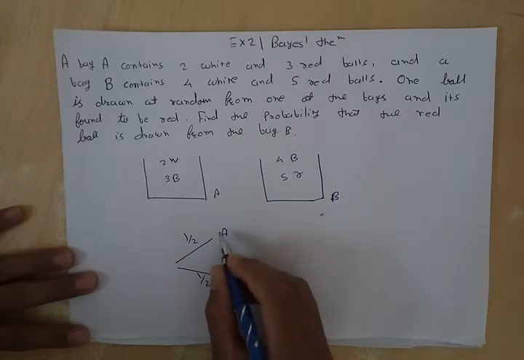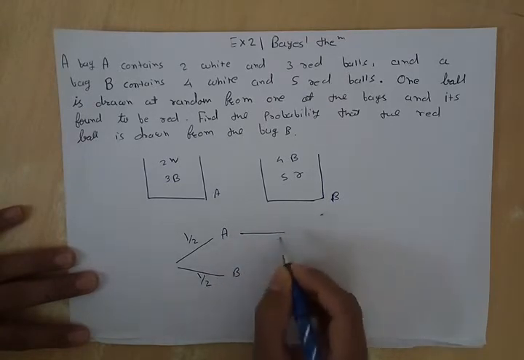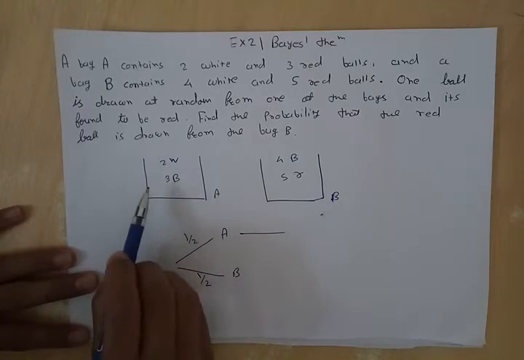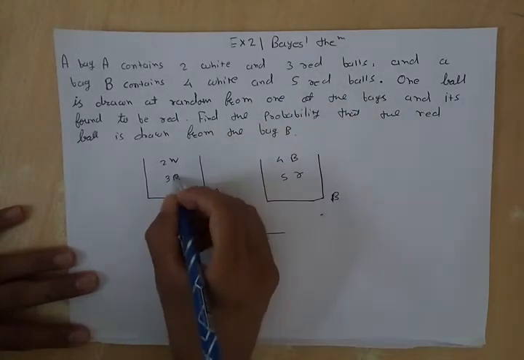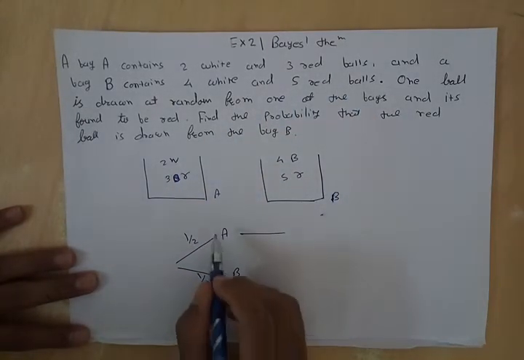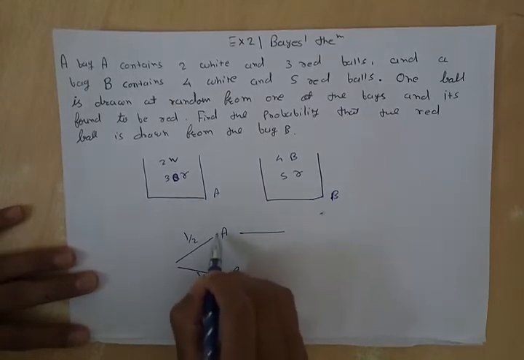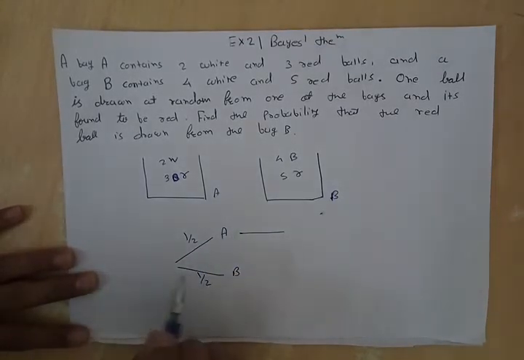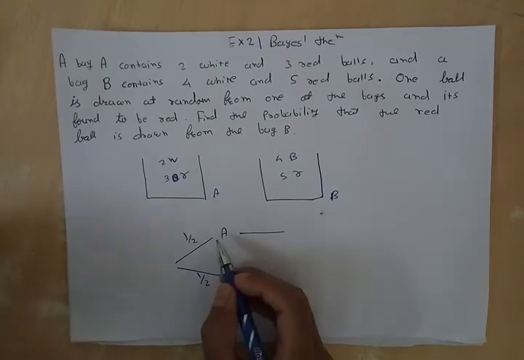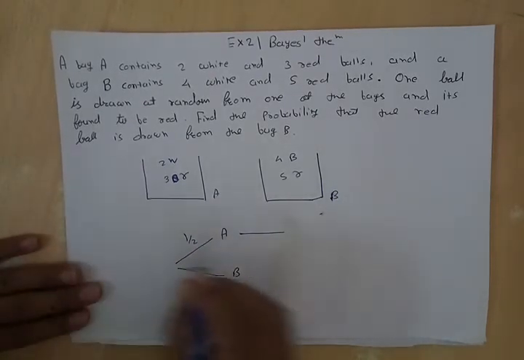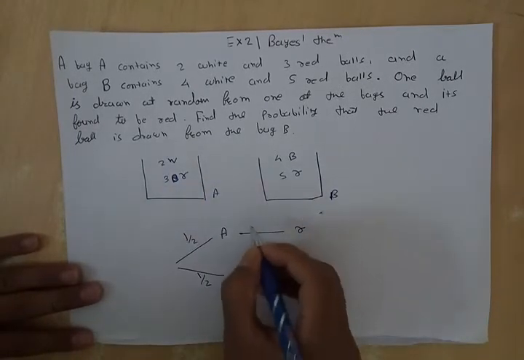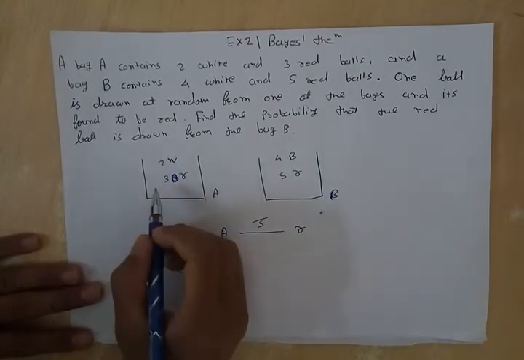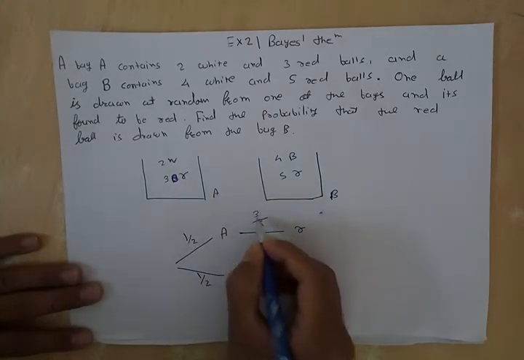Now given that we select bag A, and we pick the probability of picking 3 red balls. Given that we have selected bag A, the probability of picking a red ball: total 5 balls, and out of these 5 balls 3 are red balls.